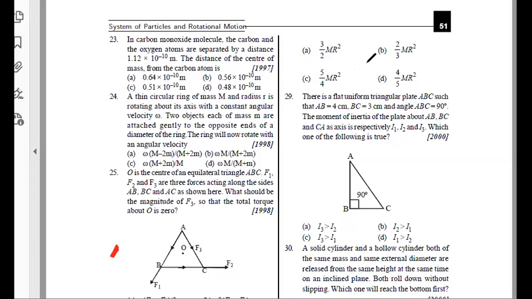Now 29 we just discussed. 29 is a repeated question, exactly repeated, I hope all of you remember this.